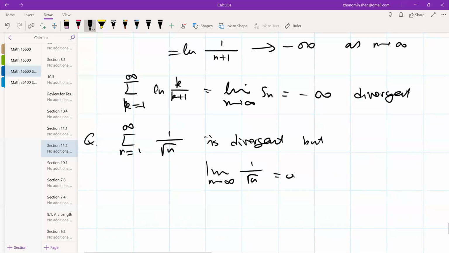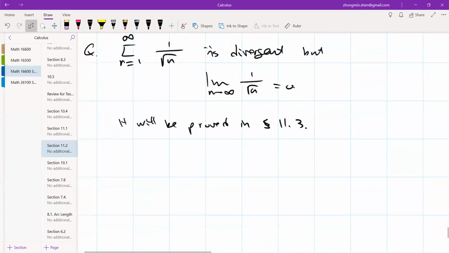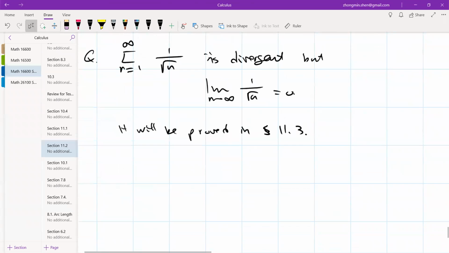In the next section we're going to study that and prove it, in section 11.3. But this is another example showing the series is divergent, but the nth term still converges to 0. So when the nth term converges to 0, it does not mean the series is convergent.